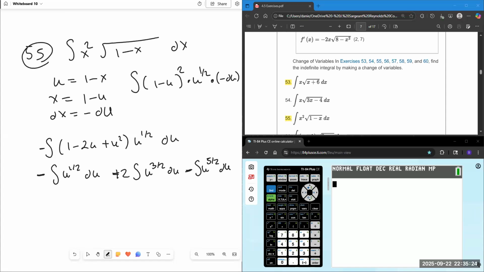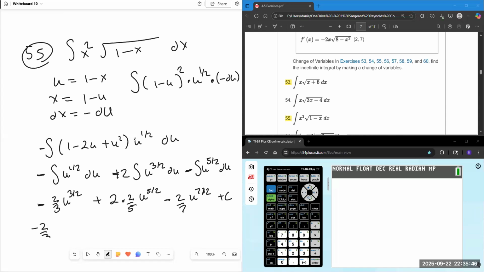So this is negative u to the 3/2 times 2/3, plus 2u to the 5/2 times 2/5, minus u to the 7/2 times 2/7, plus c.